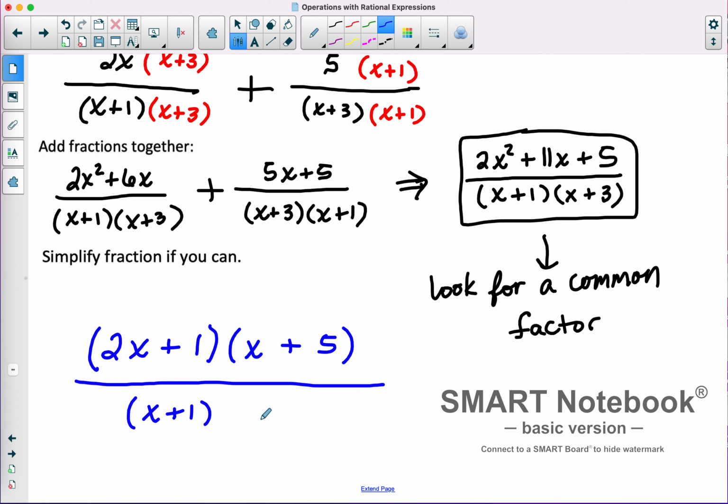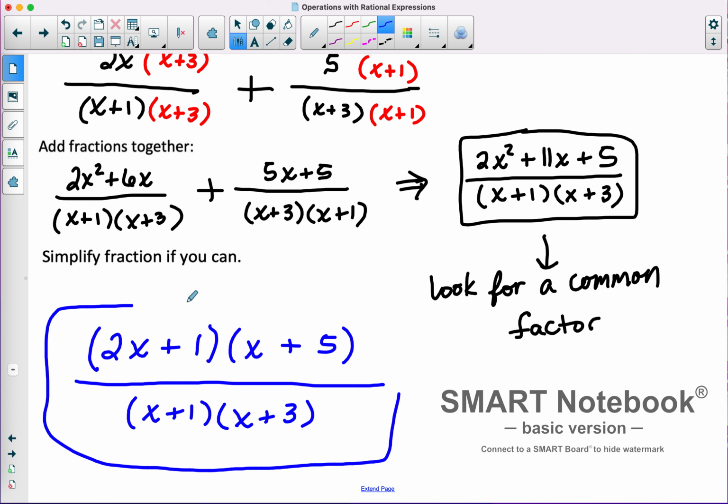And we don't, because the factor 2x plus 1 is not identical to x plus 1. So that fraction cannot reduce further, which means either form is okay. You could leave it in factored form, but we don't have to. We could also leave it in the distributed form, 2x squared plus 11x plus 5 over x plus 1 times x plus 3.